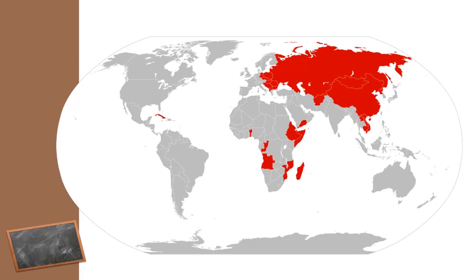A republican government was put in place in Russia, and it continued the war against Germany. But the Bolshevik party wanted to make peace with Germany so that they could bring in communist rule in Russia.